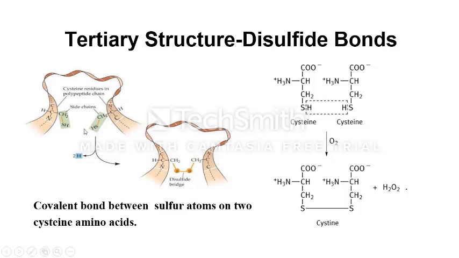So between cysteine and cysteine, there is a formation of a disulfide bond that makes these tertiary structures stable. So two hydrogens are removed, or a hydrogen molecule is removed, to give this disulfide bridge.